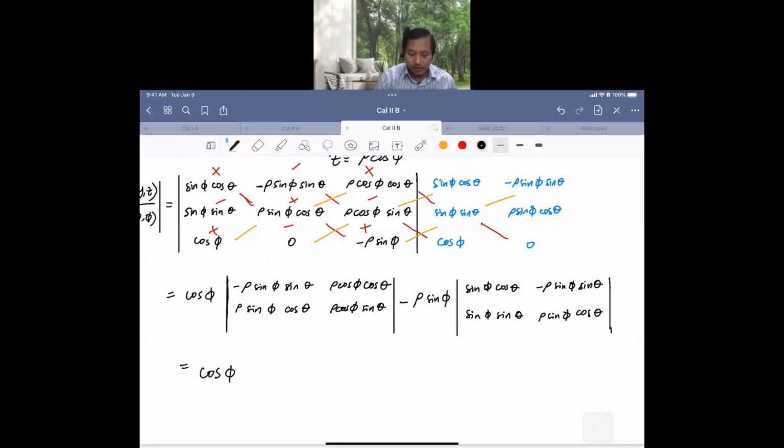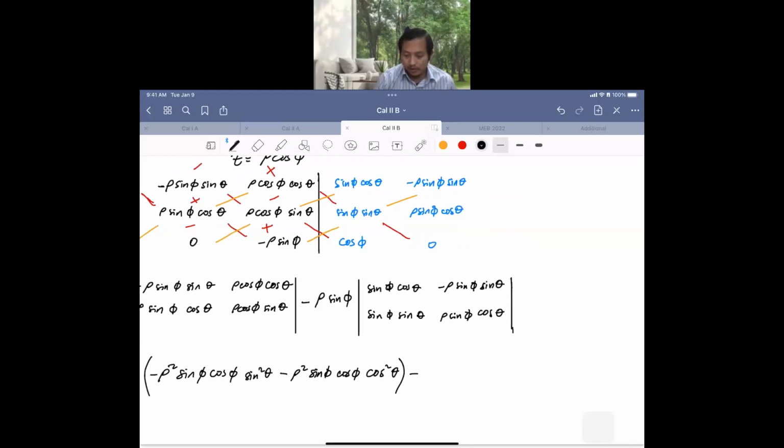So cos psi, this will be negative ρ squared sine psi cos psi sine squared theta, and then minus ρ squared sine psi cos psi cos squared theta.